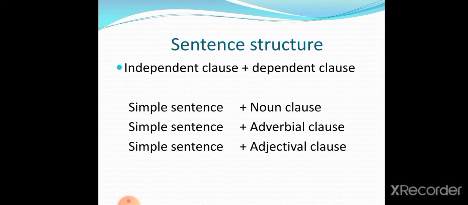Before that, I would like to remind you once again that the sentence structure for complex sentences is independent clause plus dependent clause, or vice versa, dependent clause then independent clause. So we have simple sentence plus noun clause, simple sentence plus adverbial clause, simple sentence plus adjectival clause. So it is clear from the sentence structure that dependent clauses can be a noun clause, an adverbial clause or an adjectival clause.